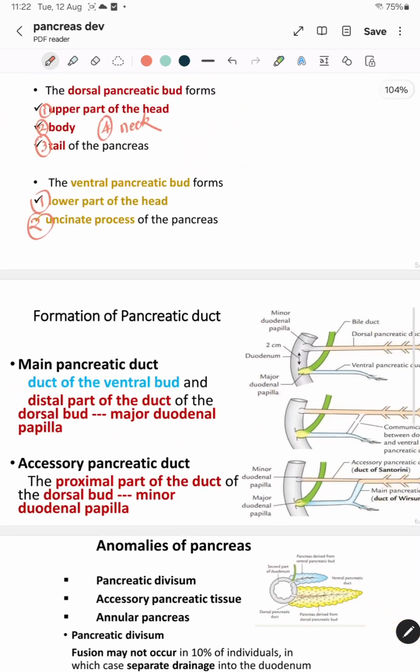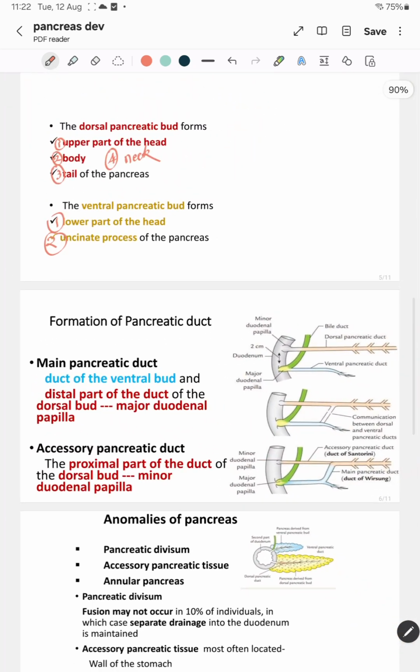Then the formation of the pancreatic ducts is like this. The dorsal pancreatic bud will be bigger, and we have the ventral pancreatic bud. A communication arises.